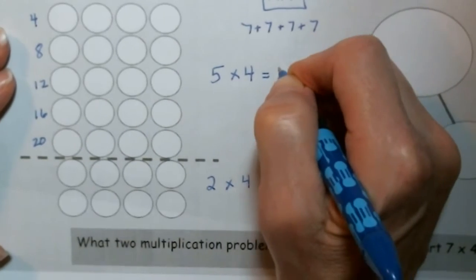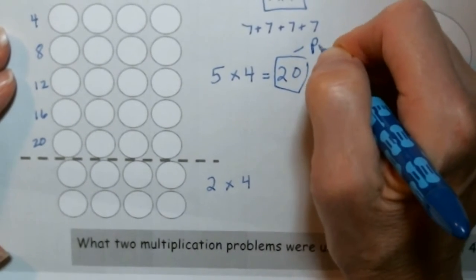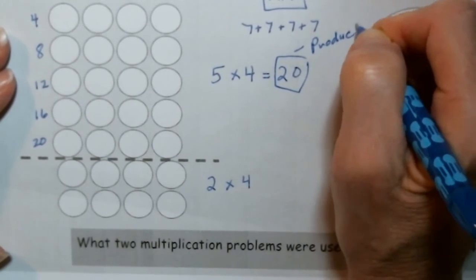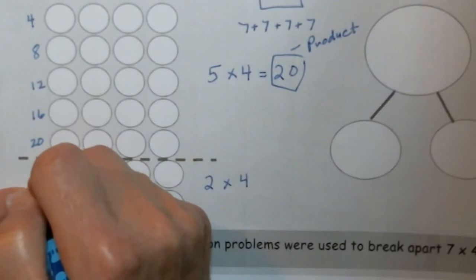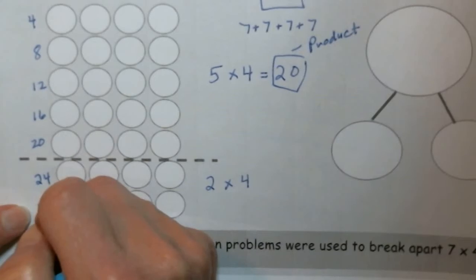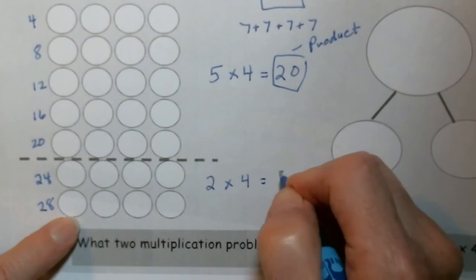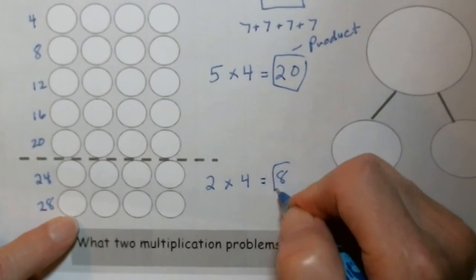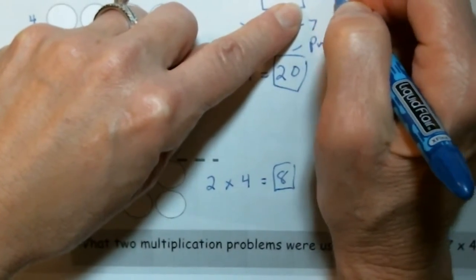So this one, the product, remember that's what the answer to a multiplication problem is called, product is 20. And then I have 24, 28, or 4 and 4 more, which is 8. So 7 times 4 is 28.